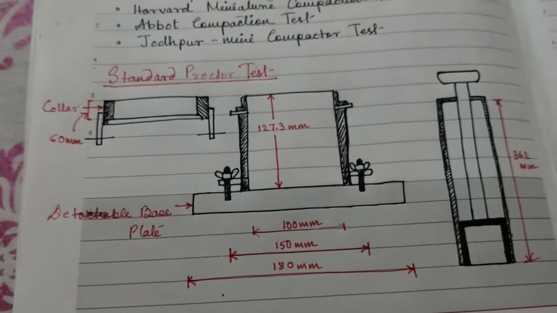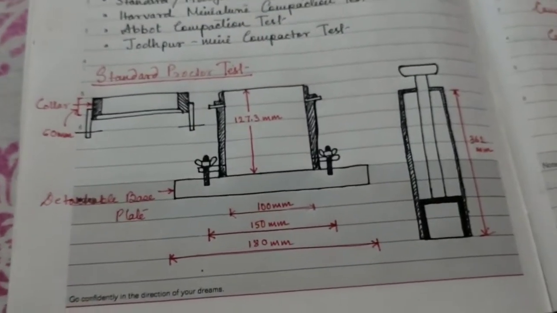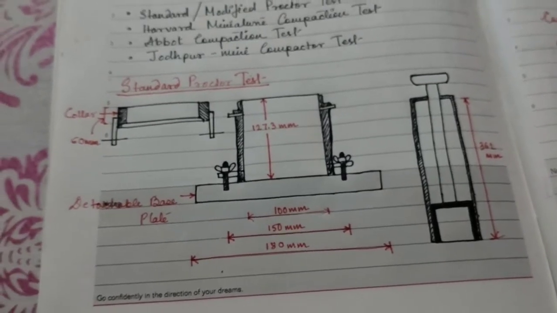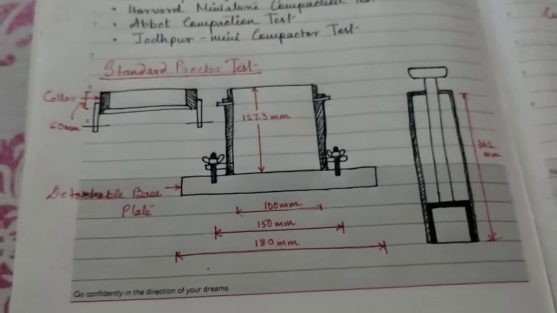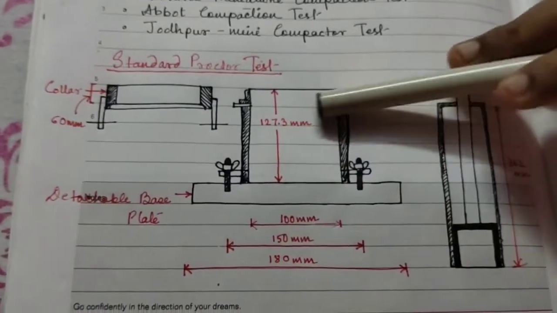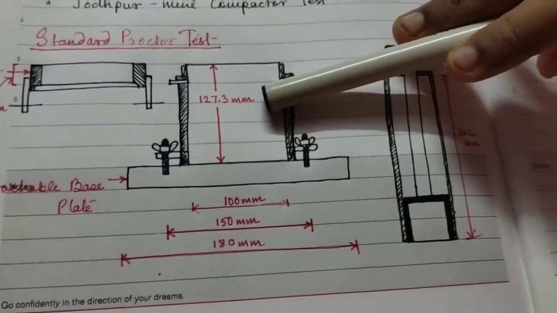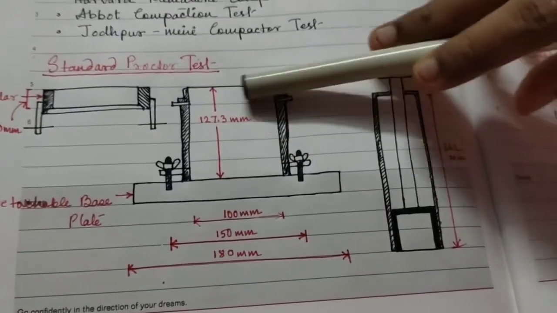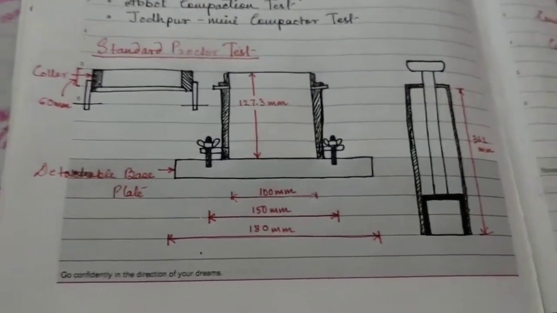The collar is removed and the excess soil is trimmed off to make it level with the top of the mold. The weight of the mold, the base plate and the compacted soil is taken. A representative sample is taken from the center of the compacted specimen and kept for water content determination.